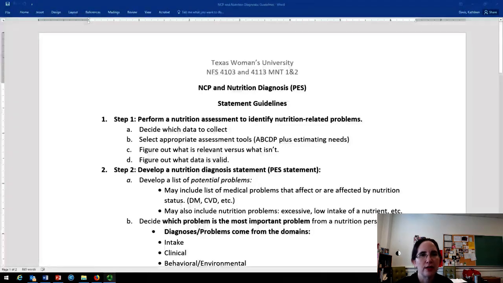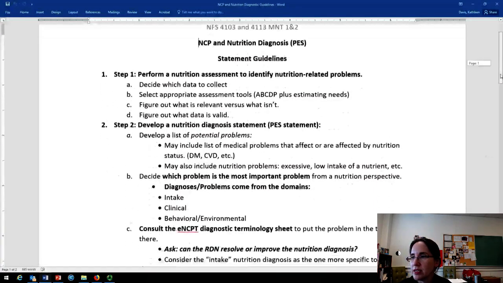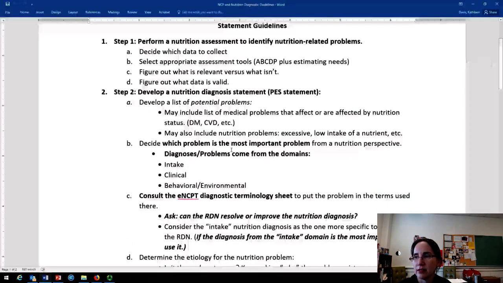It may be that you've really noticed that diabetes is a super important medical problem, but you're not going to identify diabetes as their nutrition problem. You might identify a problem with intake that relates to diabetes. You are going to consider domains when you develop this nutrition problem. So is it from the intake domain, the clinical, the behavioral or environmental domain?